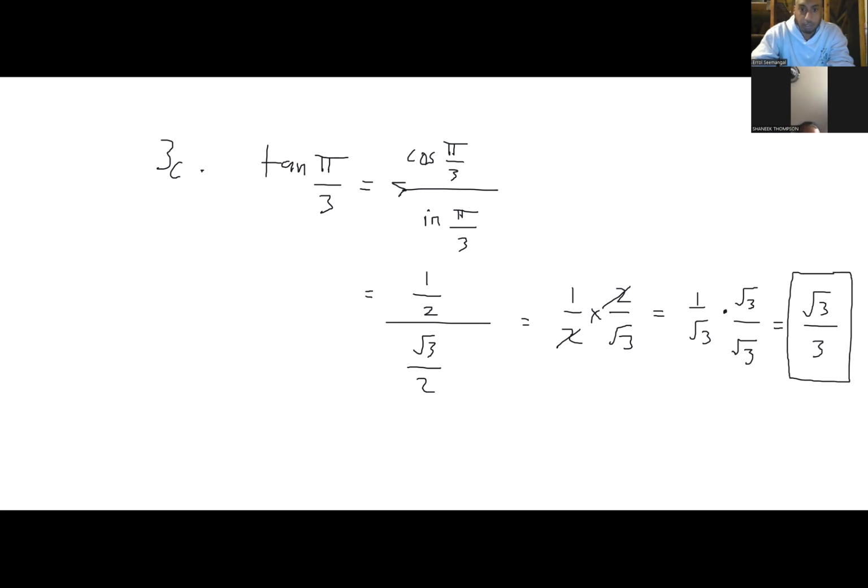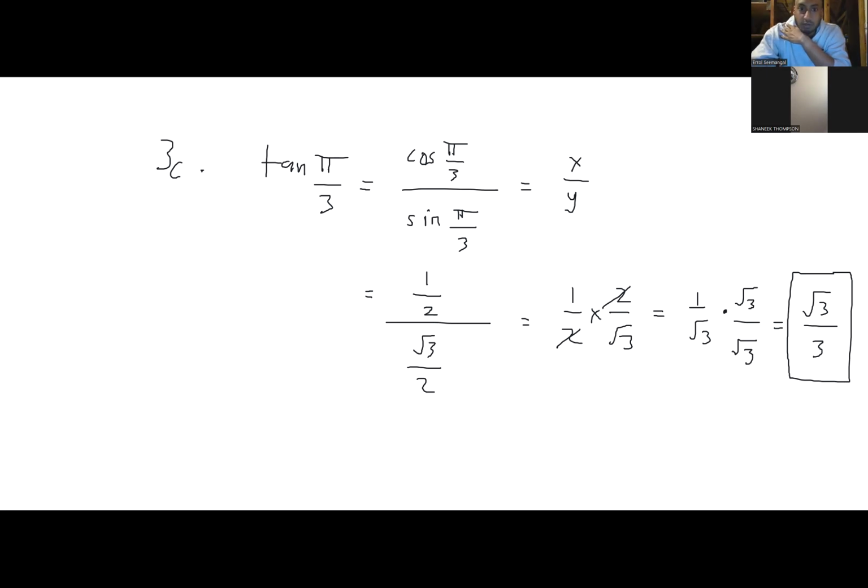Root 3 over 3. Just take your x value and divide it by the y value. Get it? Yeah. Okay. So cos over sine. Yeah, exactly. The x value divided by the y value, and then simplify.